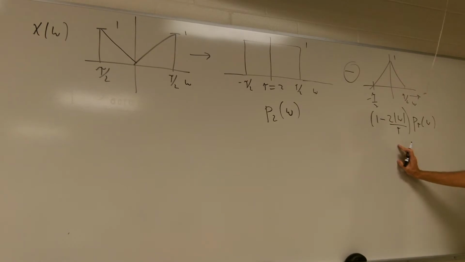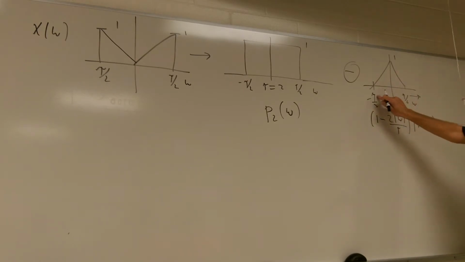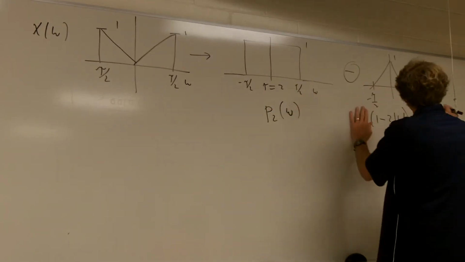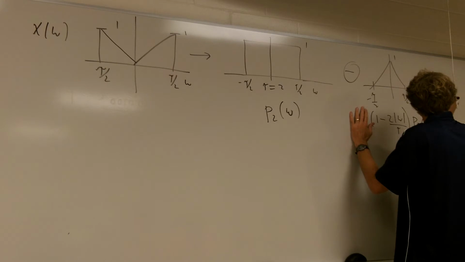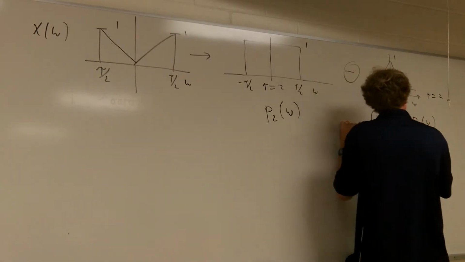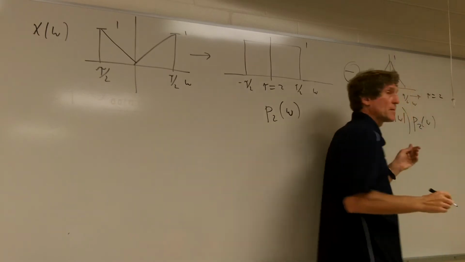Let's go ahead and put in the actual real value. That was minus a half to plus a half, is that right? Take a look. Minus 1 to 1. Is this minus 1 to 1 too, right? Okay, so this is the same. I'm sorry about this. So tau is equal to 2. If tau is equal to 2, that goes away, and that goes to 2. Do you agree?